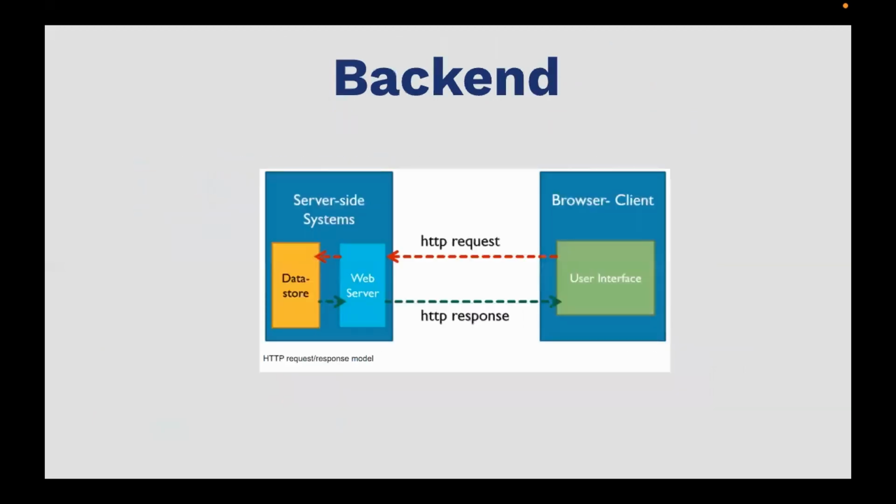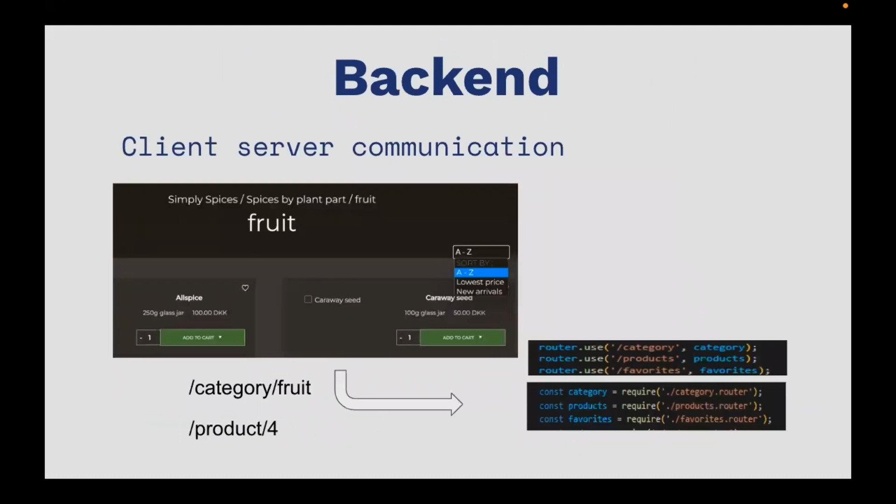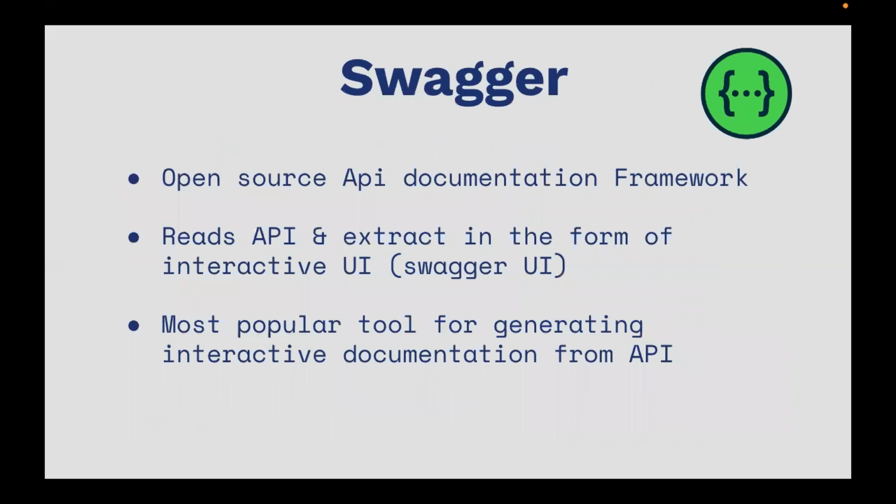Today, my topic is about a tool called Swagger. This tool is an open source API documentation framework, which is especially for developers to design, develop, or utilize RESTful API. What does Swagger actually do?